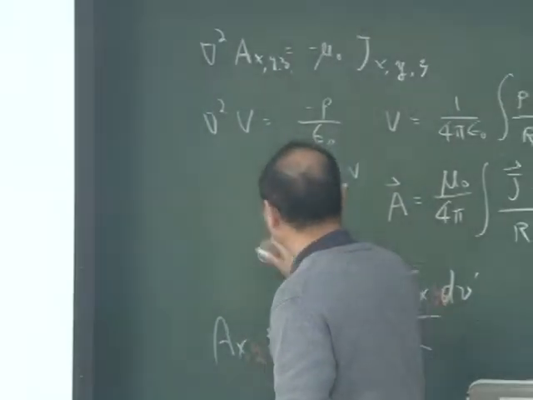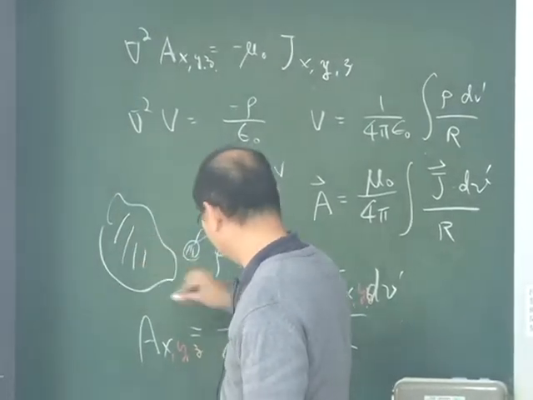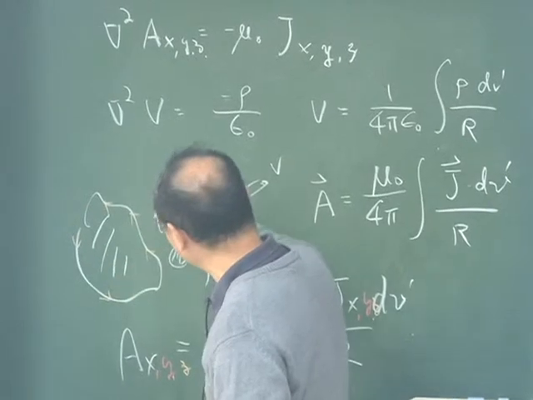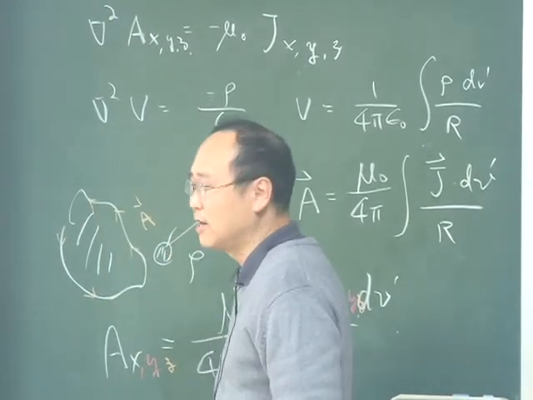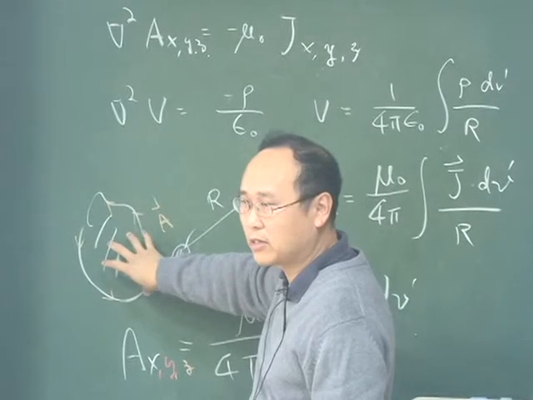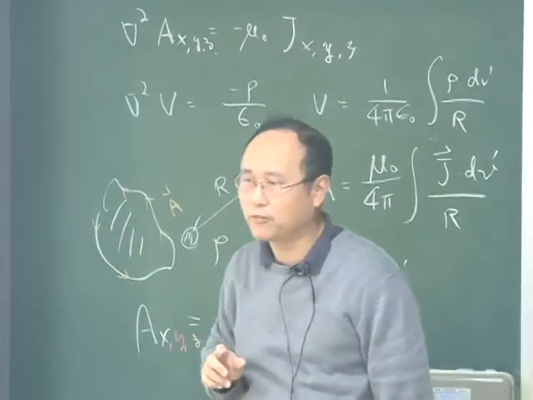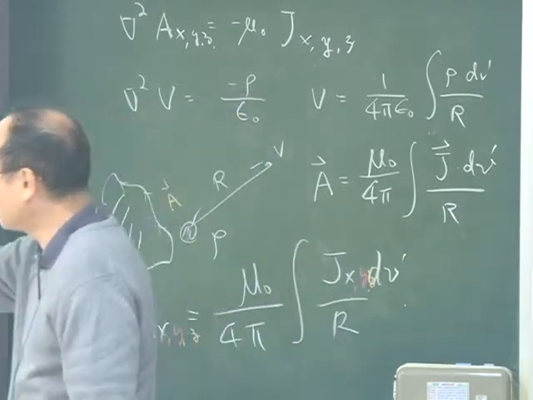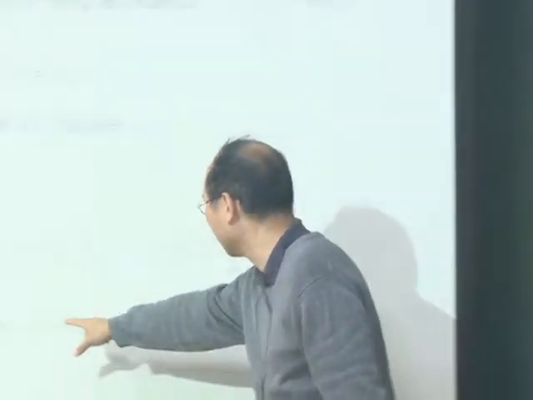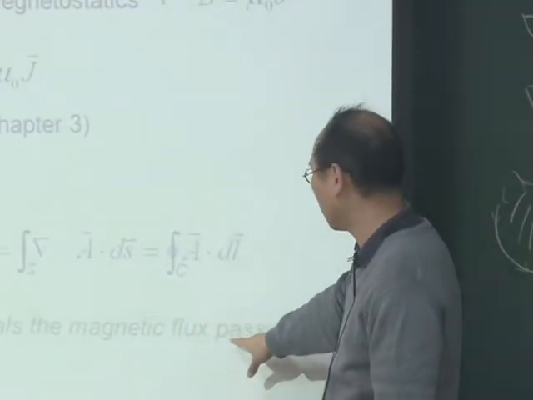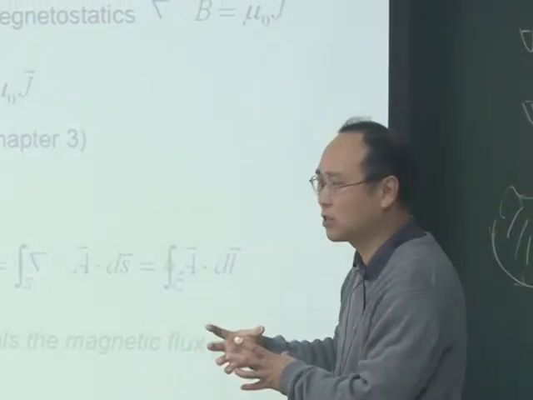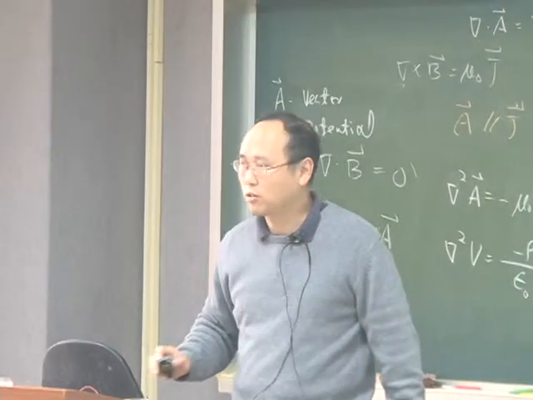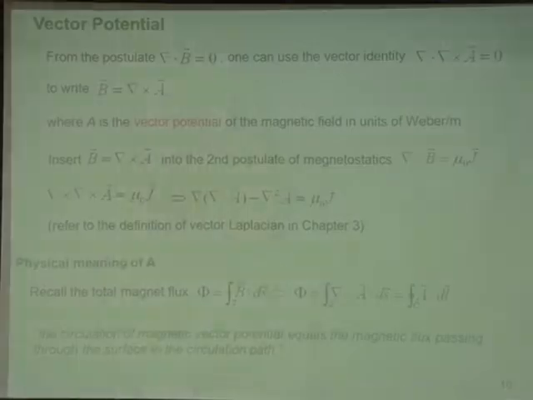So if you want to calculate the magnetic flux over some area, you can just do a circulation integration for A bounding this area to get the total magnetic flux. In some sense, the circulation of magnetic vector potential equals the magnetic flux passing through the surface in the circulation path. So you can think about this as a sort of physical meaning for A.